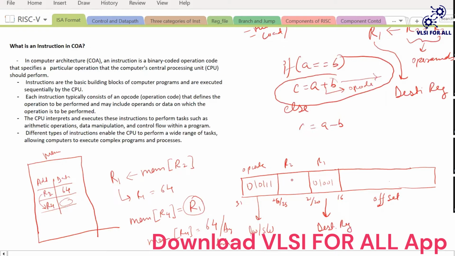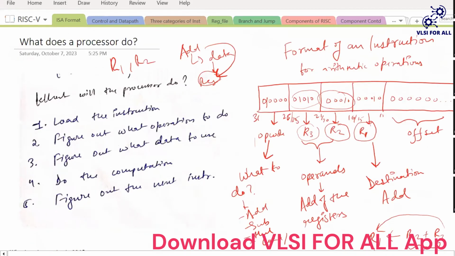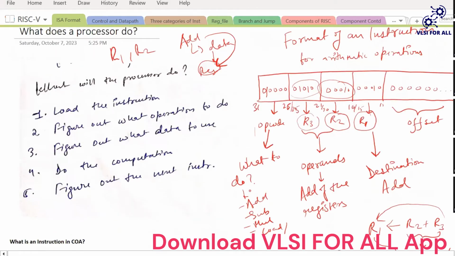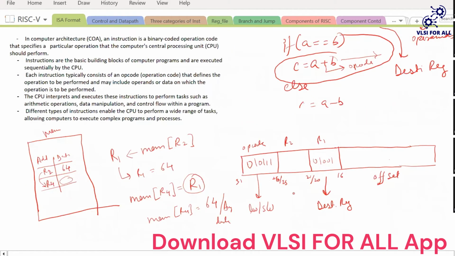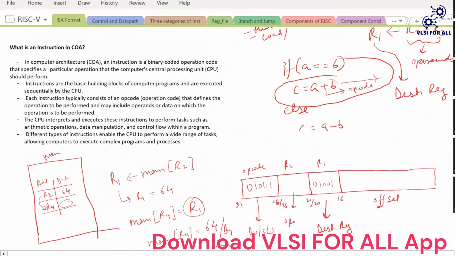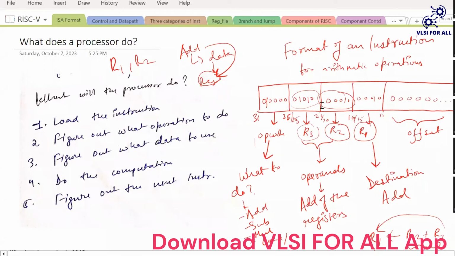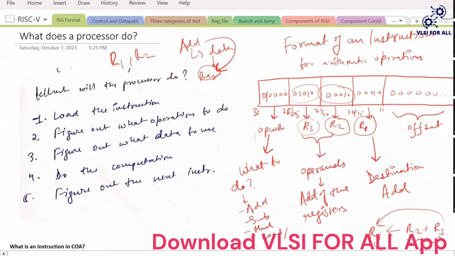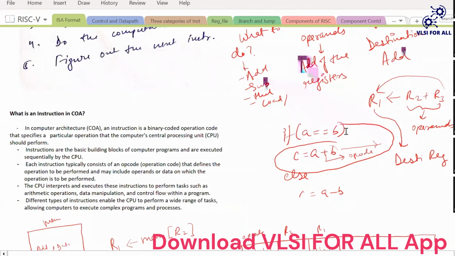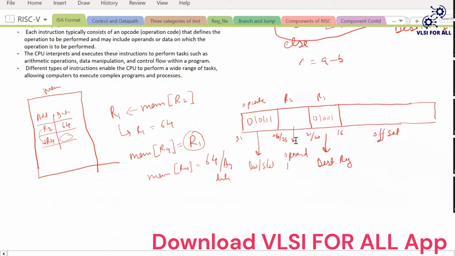Okay. For store operation, let's say. And the second, this R2, is going to act as an operand. So can you see the difference between these two formats of instructions? For arithmetic, these two are acting as operands, and the 16th to 11th bits are acting as a destination register address. For load store, the 20th to 16th bit is acting as a destination register, and this is acting as an operand, and this one will be our offset.